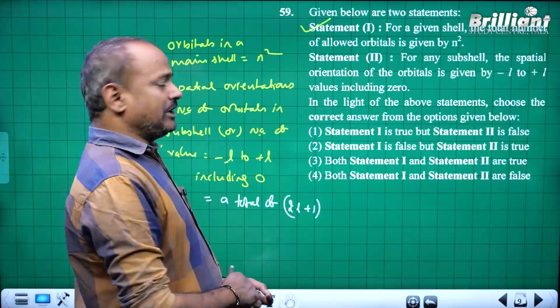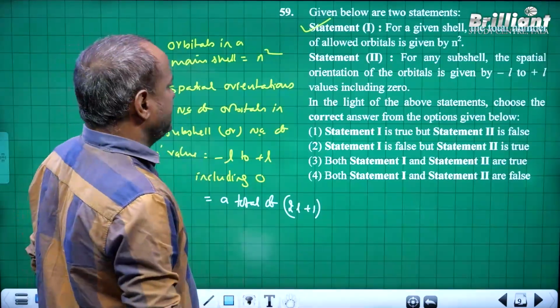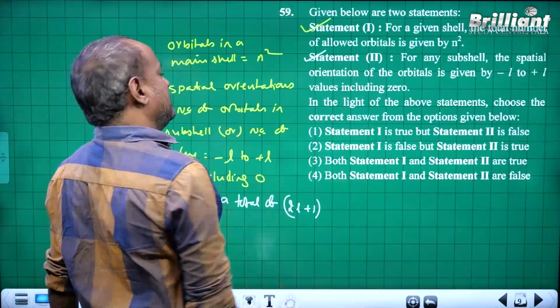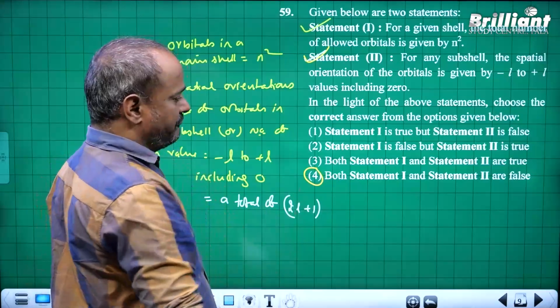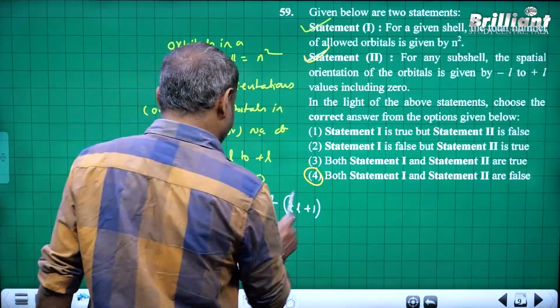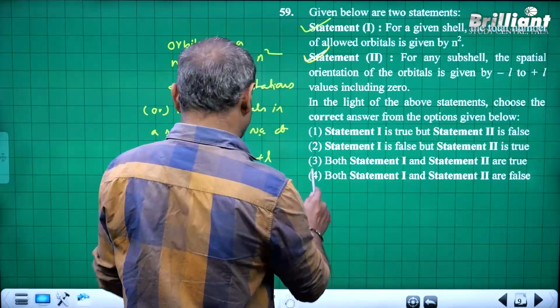Minus L to plus L including 0, the total value is 2L plus 1. So that is correct. Both are correct. Answer 3, both are true.